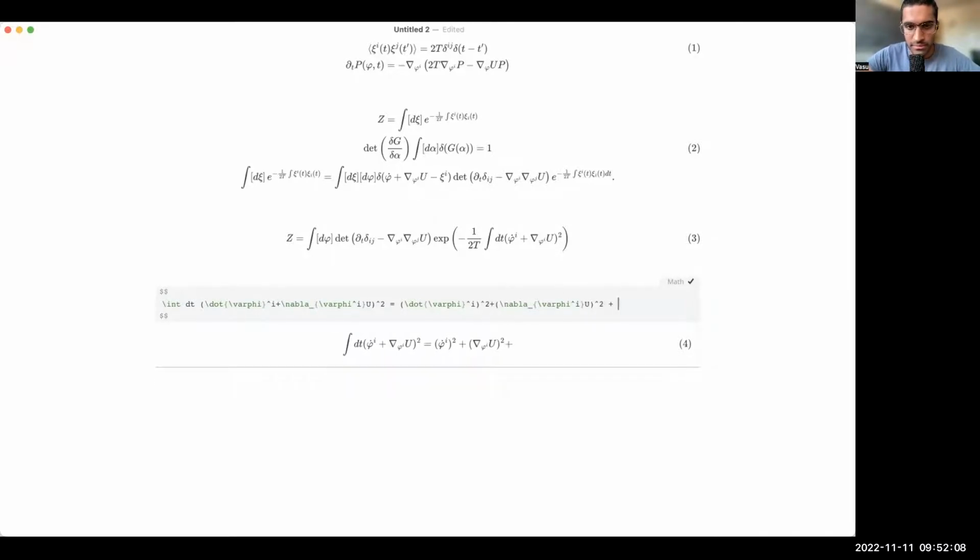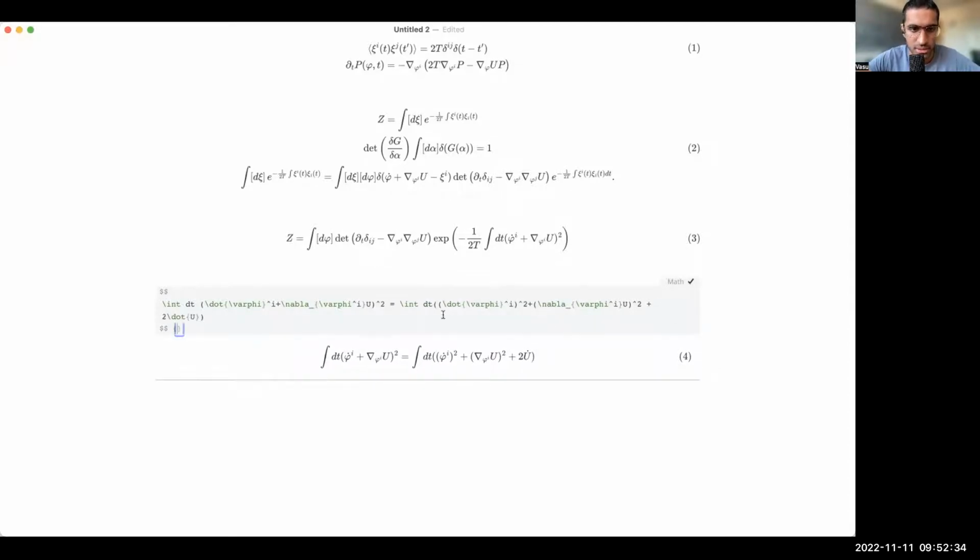And then we have a term that we can drop because it's a total derivative. So it's 2 times phi dot i nabla i u, which is nothing but u dot. And under the integral sign, we're just going to drop it. We're going to assume that u satisfies the right boundary condition in time, so as to allow us to write this as a sum of squares.